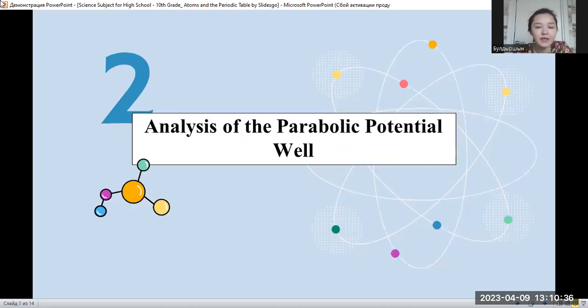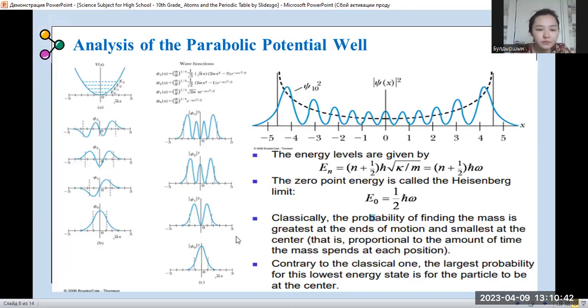The next is the analysis of the parabolic potential energy well. Here we see the wave function formulations, and the energy levels are given by E n equals n plus 1 divided by 2 times h bar omega. The zero-point energy, E0 equals 1 divided by 2 h bar omega, is called the Heisenberg limit.